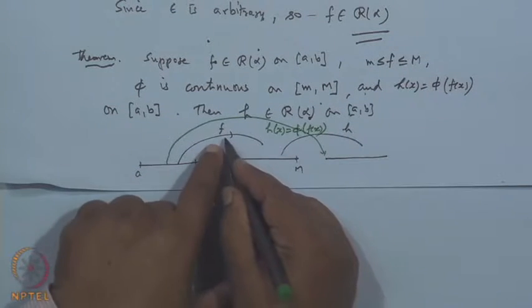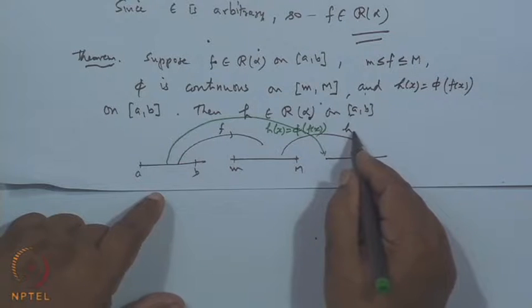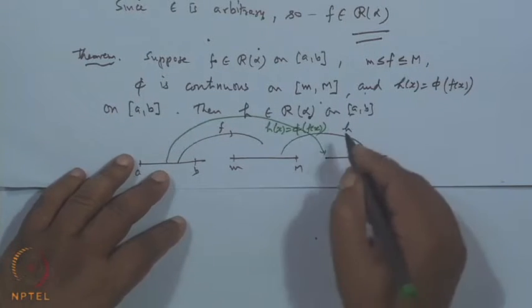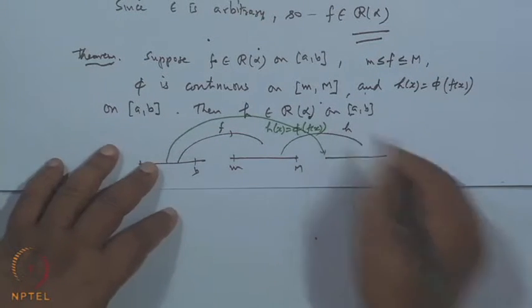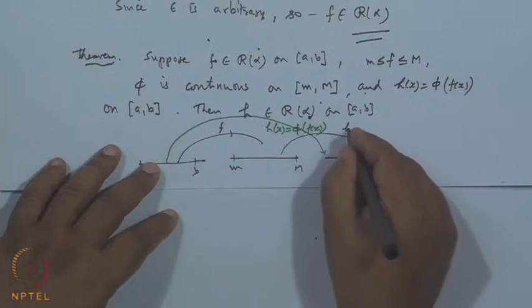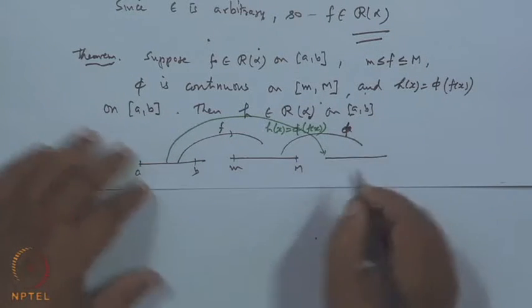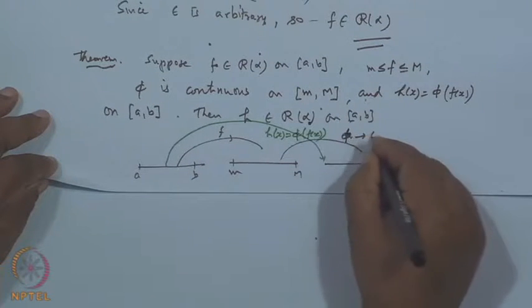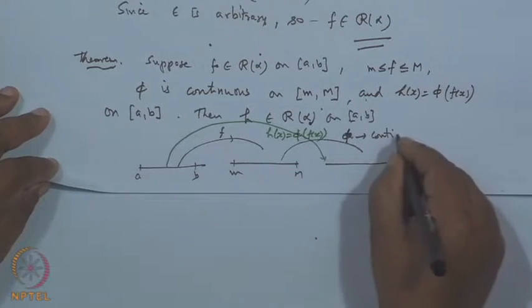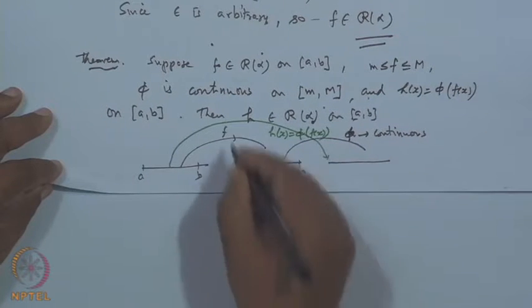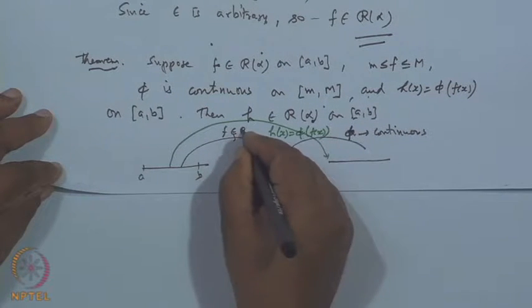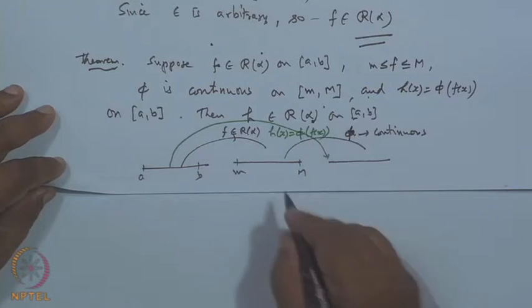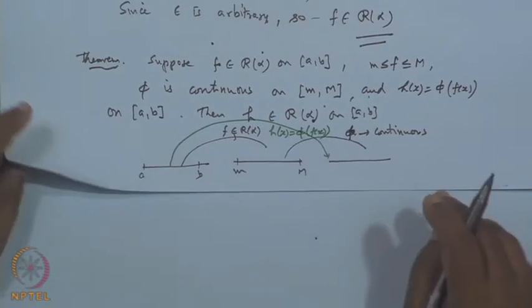And if f is in R(alpha), and phi is continuous, then our h will be in R(alpha). That is what it is.